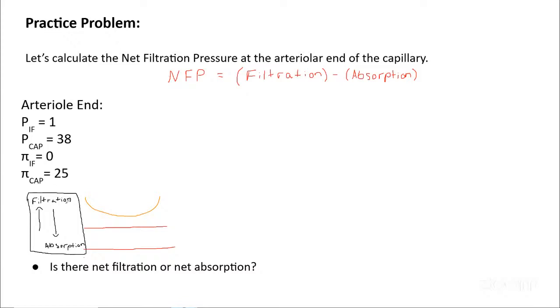And then you start by identifying directions for filtration and absorption, and then work your way through these quantities.